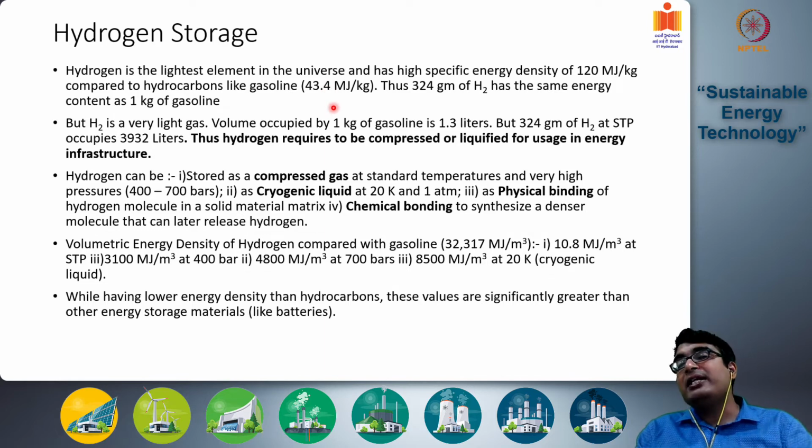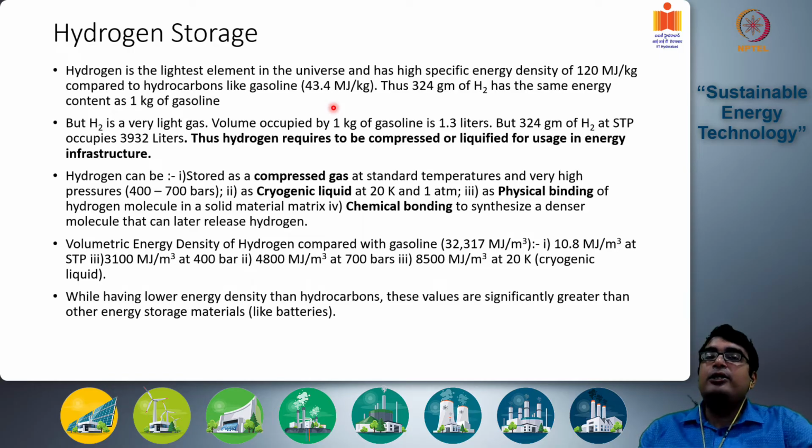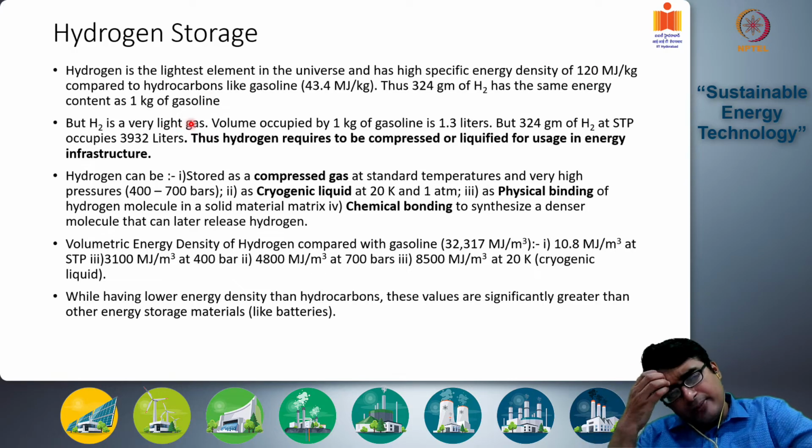So hydrogen has more than 3 times the energy content per unit mass compared to petrol, for example. So 324 grams of hydrogen has the same energy content as around 1 kg of gasoline. That's the kind of comparison you can make.